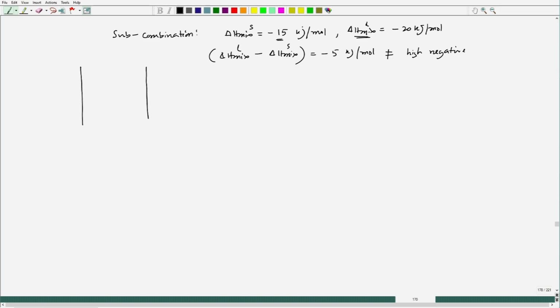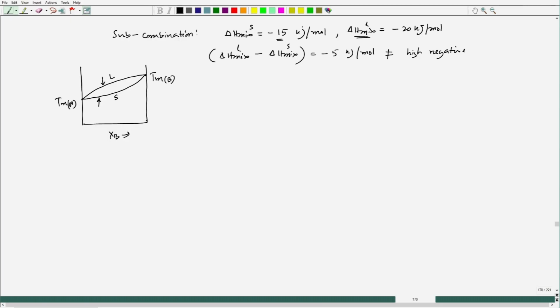The isomorphous phase diagram was like this: x B, this is T m A, this is T m B. Isomorphous was like this, with this liquidus line and this solidus line. The liquidus line is curved convex upward and the solidus line is curved convex downward.